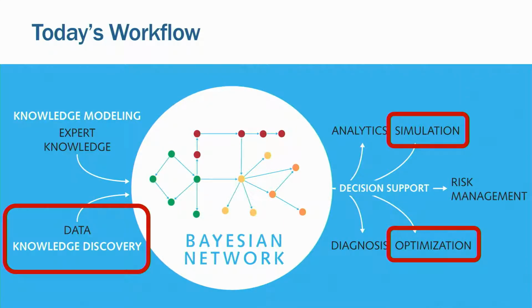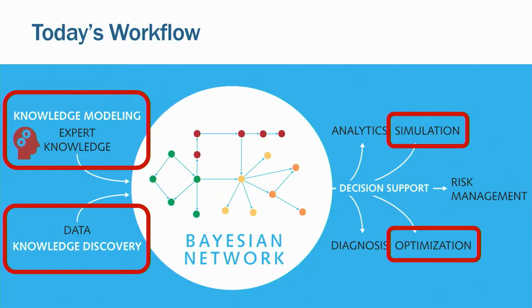Then we use that network to simulate and optimize. The difference today is that we will machine learn from machine-generated data, meaning from the output of another simulation. Additionally, towards the end, we will also introduce expert knowledge, which will be quite an interesting twist. So we will add domain knowledge in addition to the machine-learned knowledge.